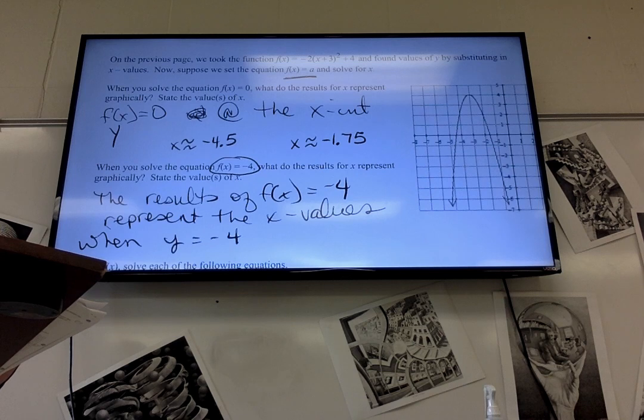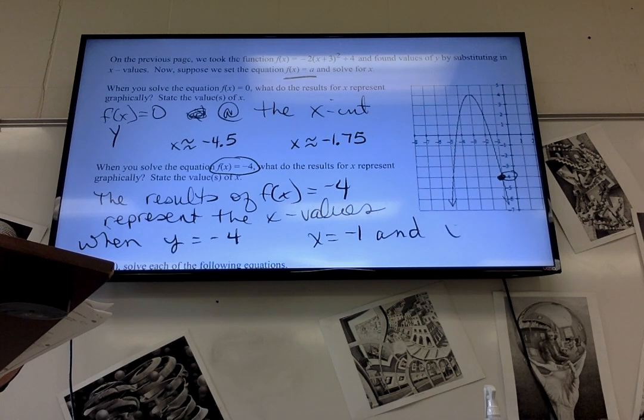So look over here. When y is -4, what's x? Look at the graph. -3. When y is -4. -1 and?